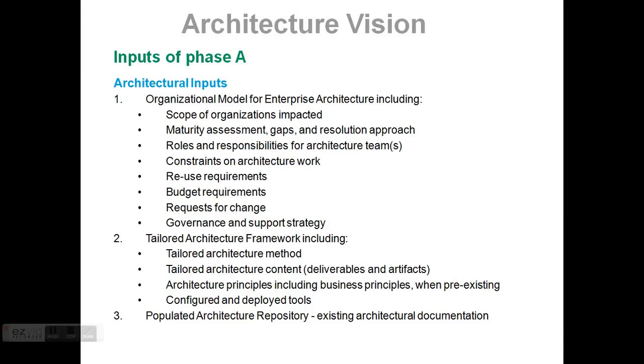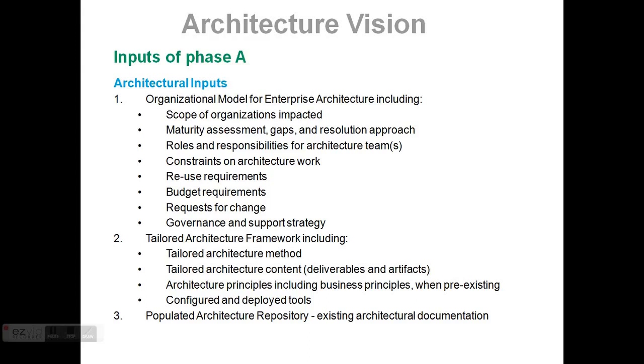Maturity assessment, gaps and resolution approaches, roles and responsibilities for architectural teams. So you need to know who does what. Constraints on architectural work. What are the things we cannot do, and what different constraints have to be taken into consideration. For example, technical constraints, financial constraints, or perhaps business operational constraints.